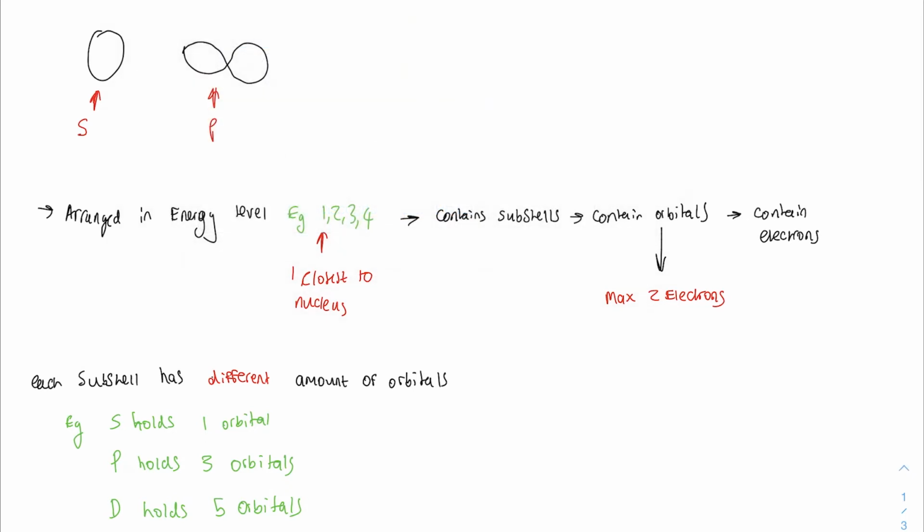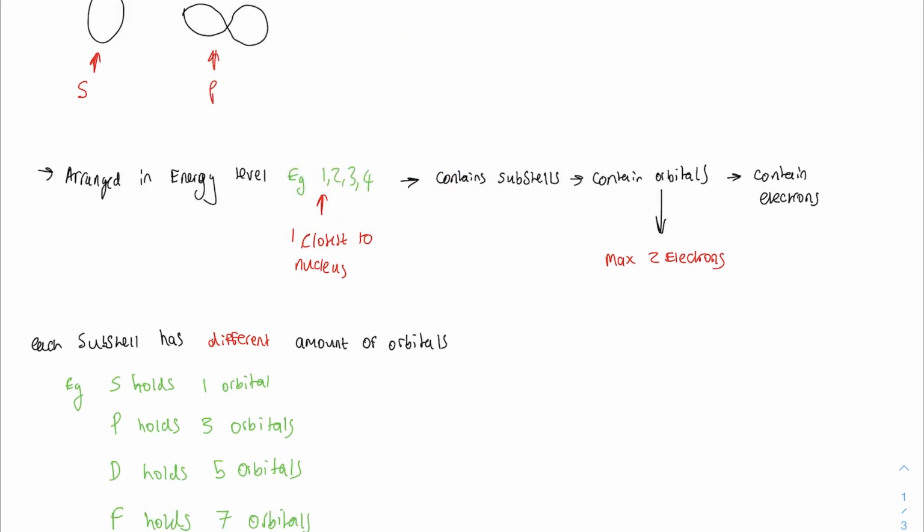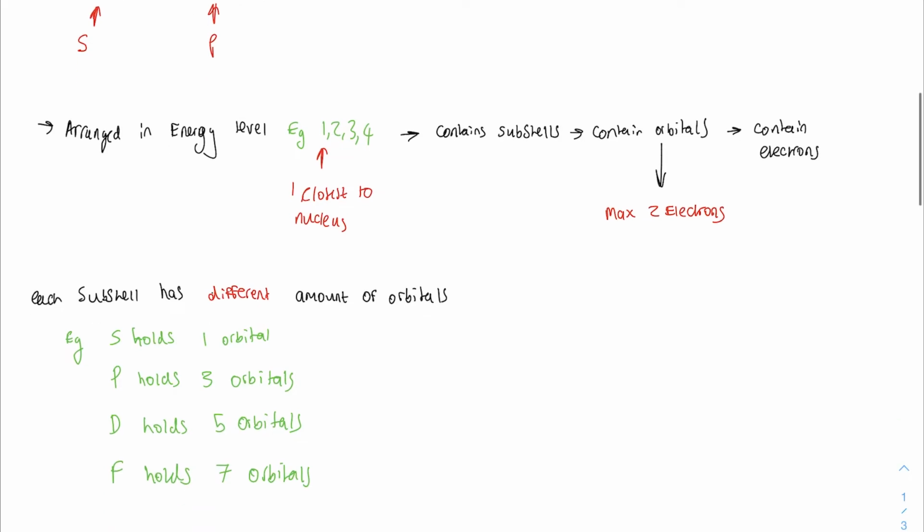Now, with this in mind, you can find out how many electrons can be present in a subshell. S will be able to hold 2 electrons. Why is this?